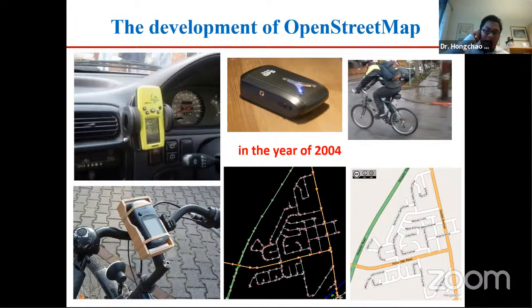I still remember when I started my PhD in 2007 in Munich, there was a campaign on the internet organized by OpenStreetMap. They said you can apply to join this campaign, and if your application is approved, they will send you a navigation device. At that time, I applied, but they said you are from a developed country, so we will not give you one. They sent most of the devices to developing countries in South Asia, South America and African countries.